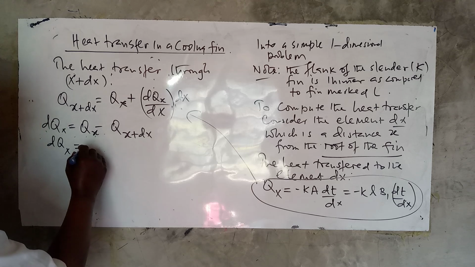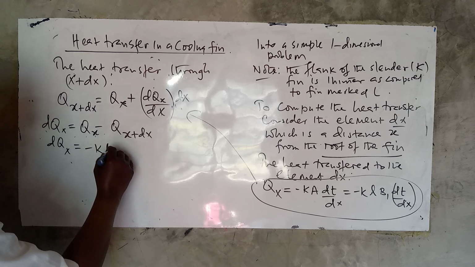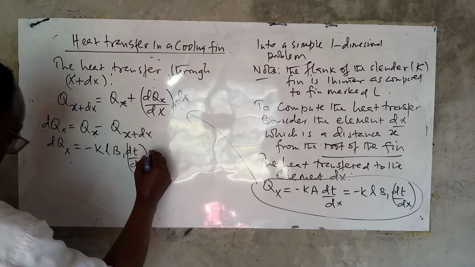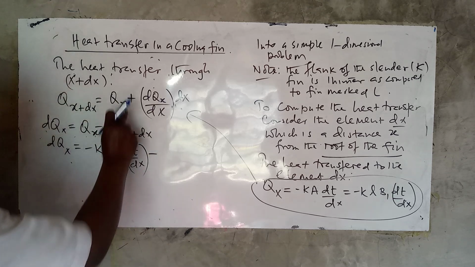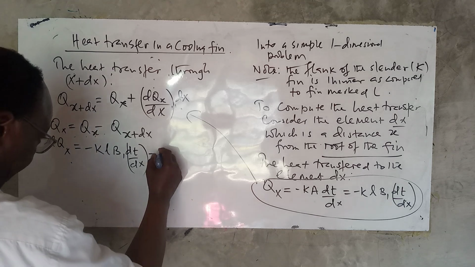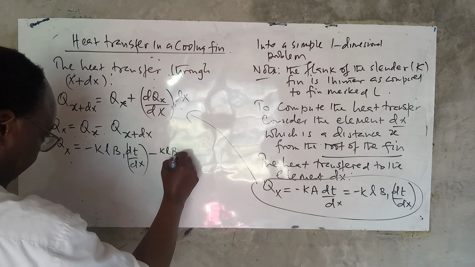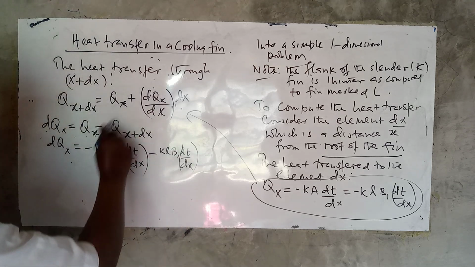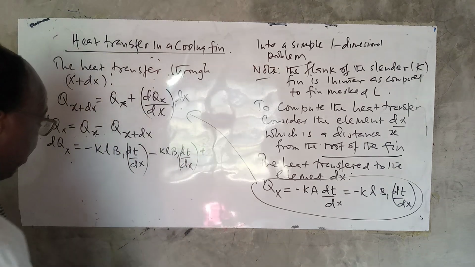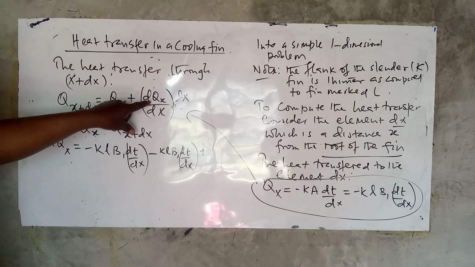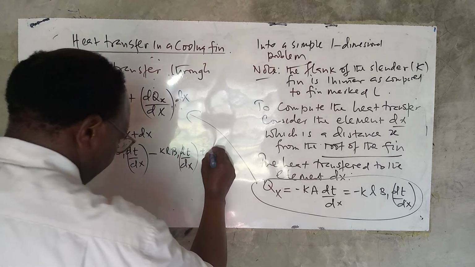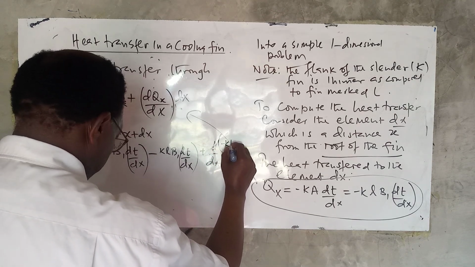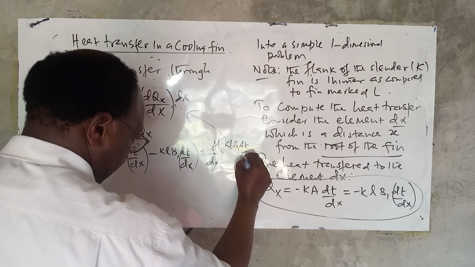So we have minus k l b1 dt dx, minus qx (remember qx is still the same), minus k l b1 dt dx, plus, very important for us, since we are now taking the derivative of qx with respect to x, d of dx into minus k l b1 dt dx.